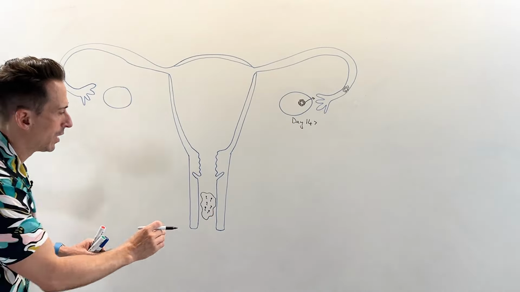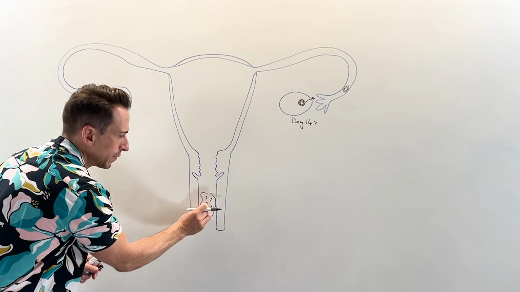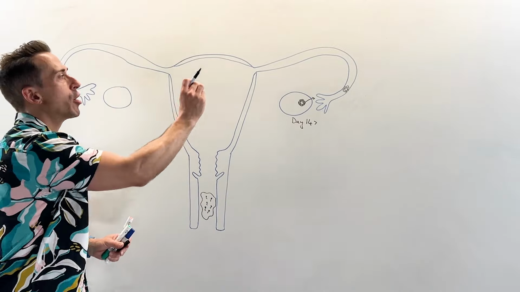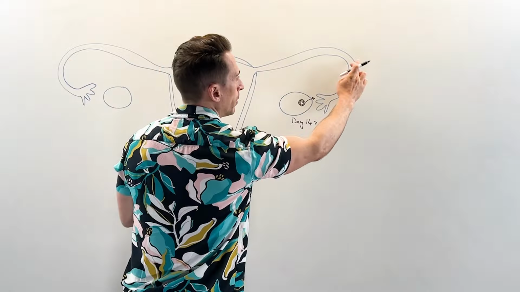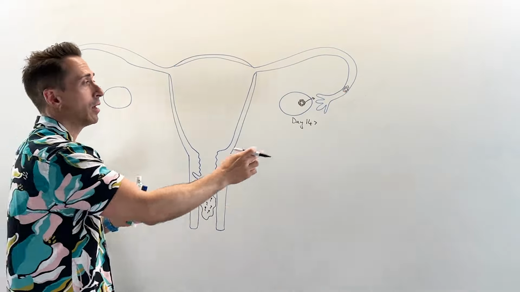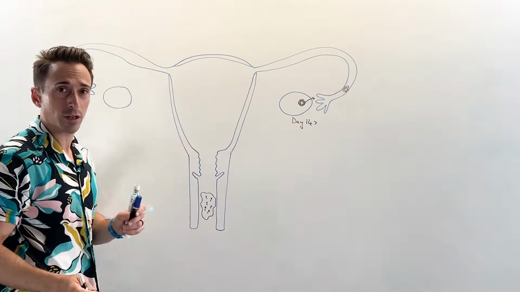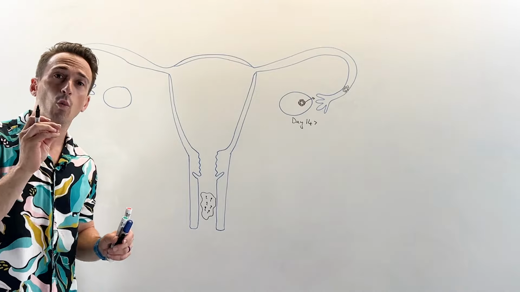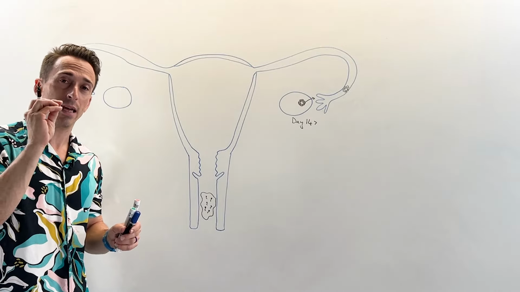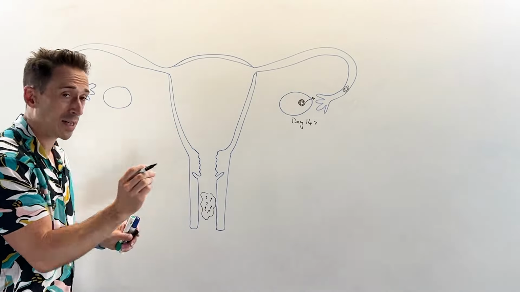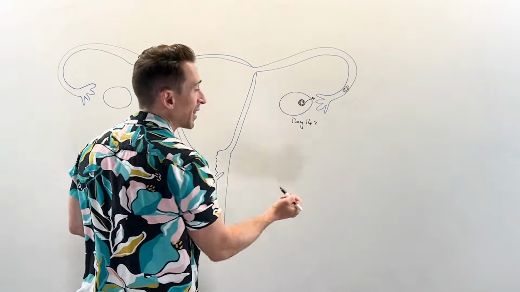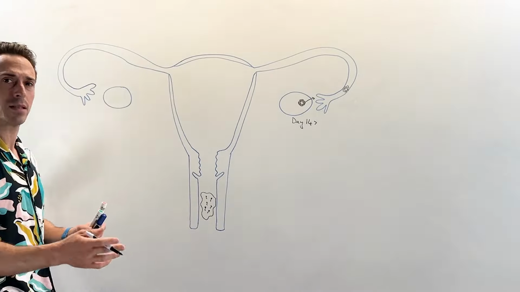Now remember, the sperm must travel from the vagina, through the cervix, through the uterus, through the correct uterine tube to get to the ampulla of the uterine tube where it can fertilise the oocyte. So the window which individuals have in order for fertilisation to occur, think about this. We need to understand how long this oocyte lasts, how long the sperm lasts.